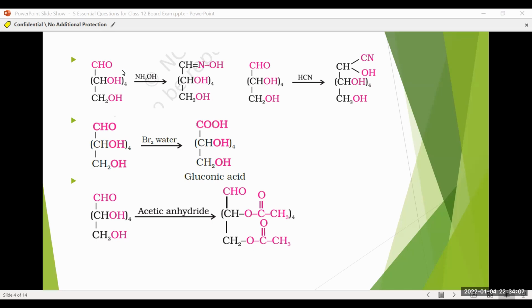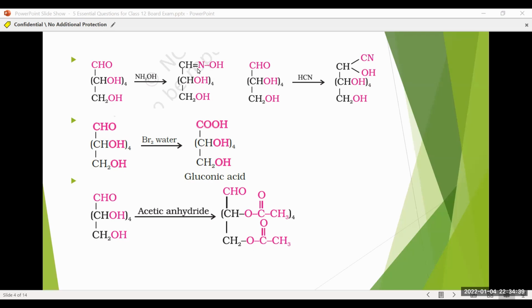When the reaction is carried out between a carbonyl and hydroxylamine, the O from the aldehyde removes a molecule of water with H2 of hydroxylamine attached to N, and finally there comes a double bond, CH=NOH, by removing O and H2 from this reagent.